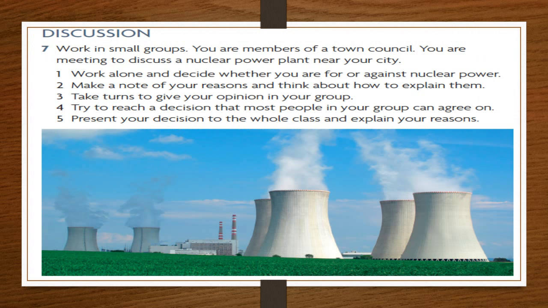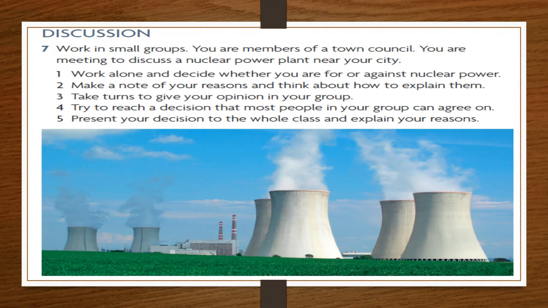Now, exercise 7, you can do that as a role play between your colleagues or between your brothers and sisters at home. Imagine that you are members of a town council and you are meeting to discuss a nuclear power plant near your city. Each one of you is a member of the town council and you are discussing together the presence of this nuclear power plant near your city.